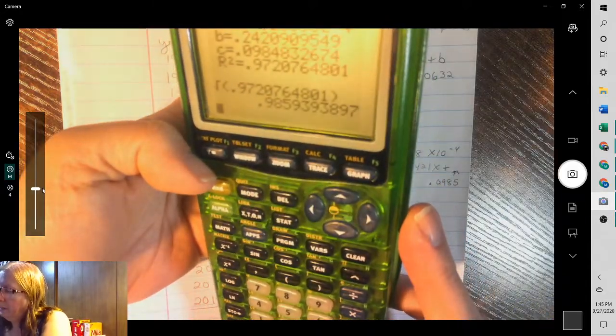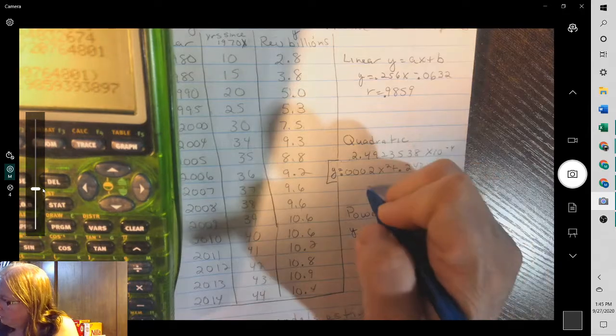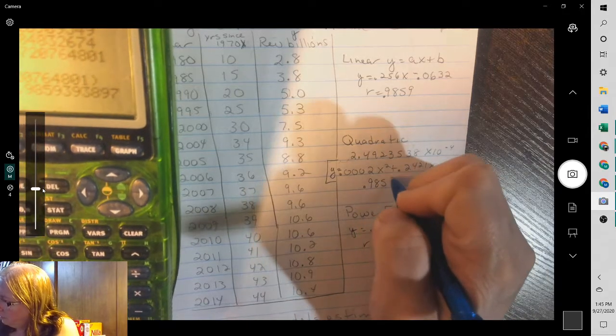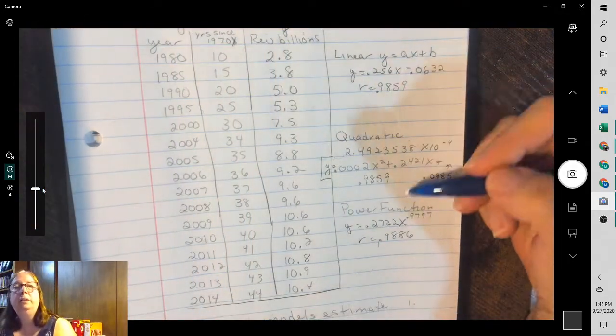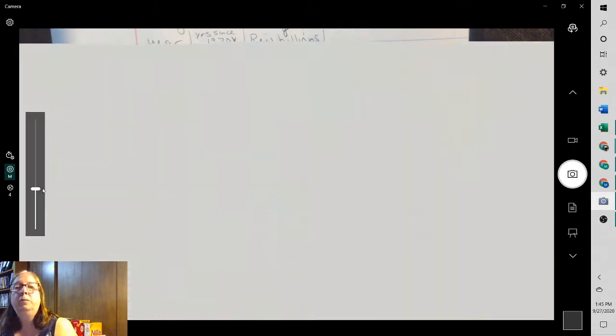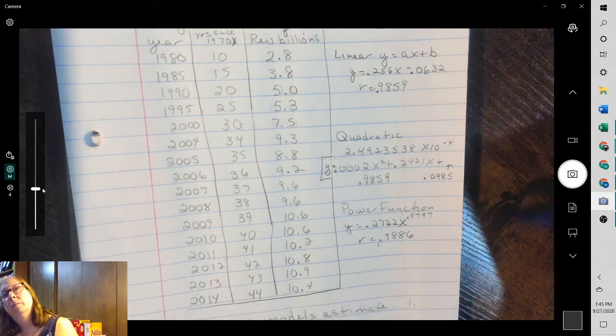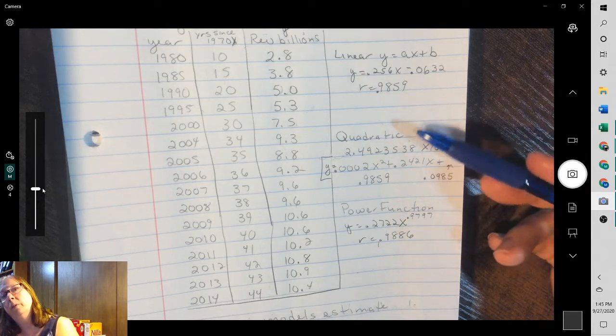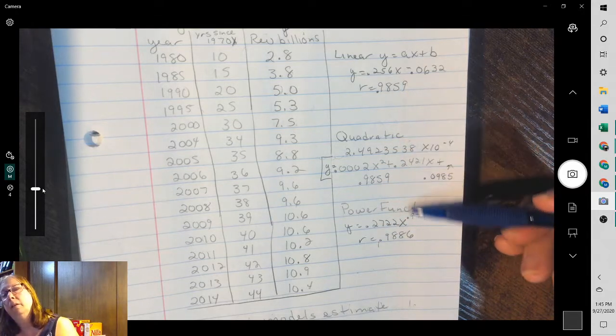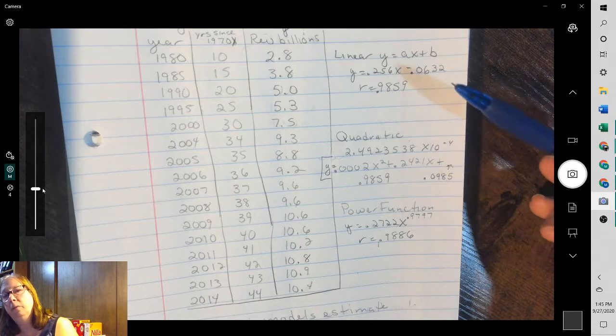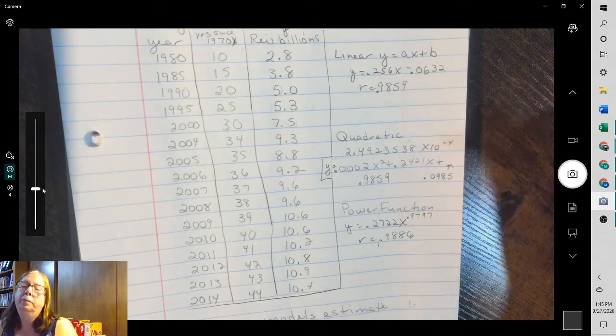So if we take the square root of it, 0.9859. So it was just as good as the linear, but this one was a little more accurate. But they're all really strong because remember, the closer you are to 1, the stronger the relationship, or the more on the line it is.